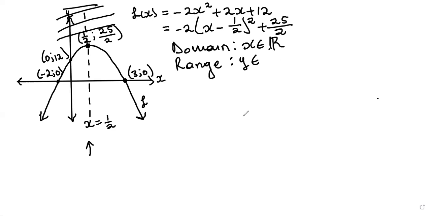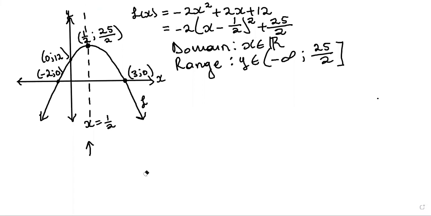So you'll tell them, because we said we start with the smallest value, then we end with the largest value. But because we are saying the function stops at 25 over 2, then we must include it. Include it meaning we use a square bracket. That's what we said. Okay, that's fine.